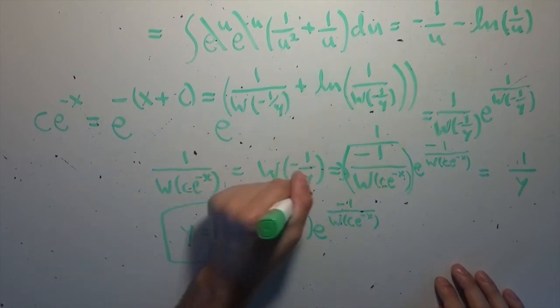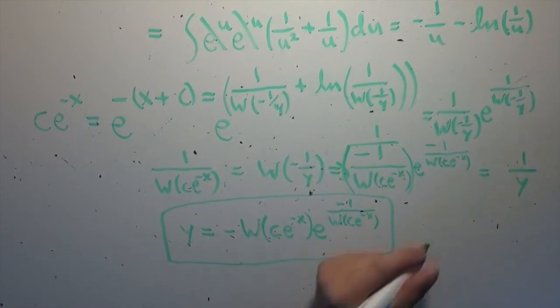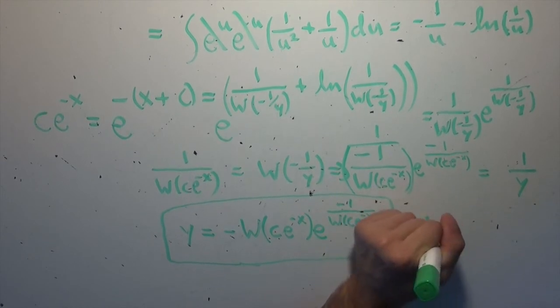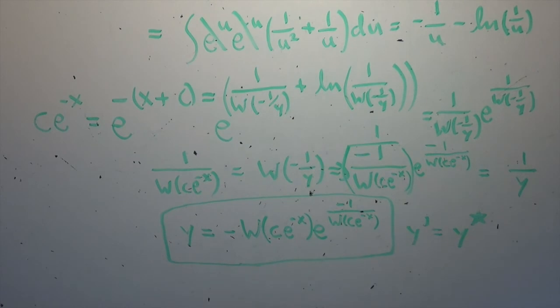And this is the family of functions that satisfies y prime equals, I don't know what the product derivative is, we'll just do y to the power of a star, or like an asterisk or something. So this is the same thing as e to the power of the derivative of the logarithm of y. And this is the family of functions that satisfies that relationship.